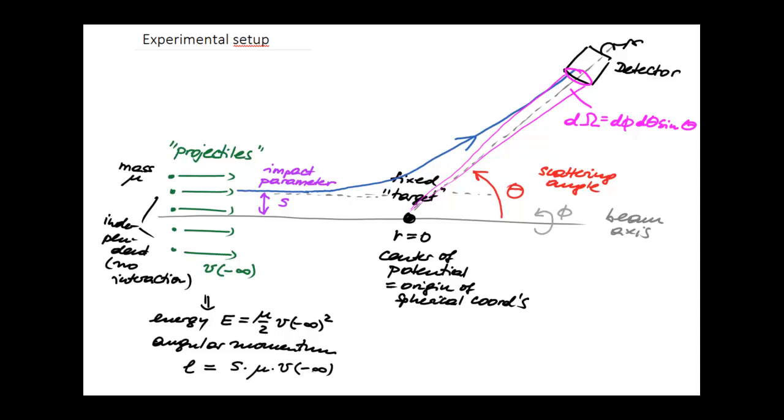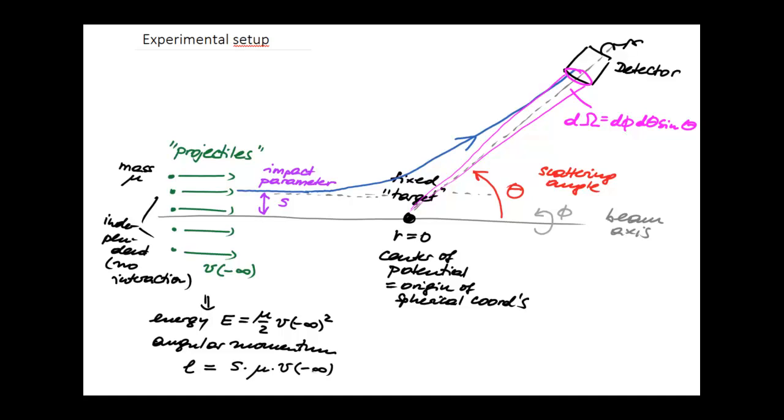That's the angular momentum of the incoming projectile, still far away from the target. It has velocity v at minus infinity, moving parallel to the beam axis. So the associated momentum has magnitude mu times this velocity v at minus infinity, and to obtain the absolute value of the angular momentum, you multiply with the impact parameter.